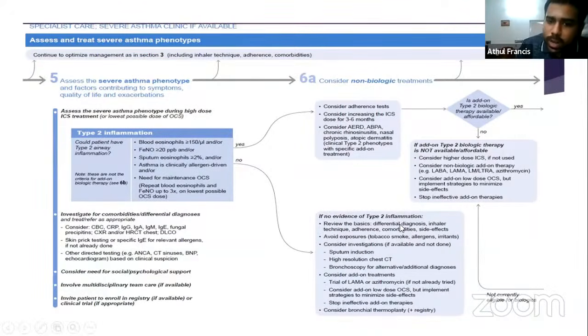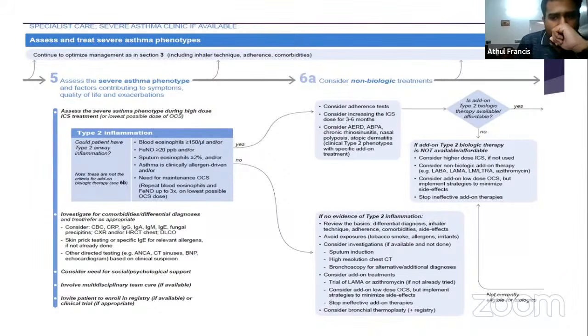So if there is no evidence of type 2 inflammation, review the basics. That is, look at the differential diagnosis, inhaler techniques, adherence, comorbidities, avoid exposures, do an HRCT thorax, do a bronchoscopy, and rule out other diagnoses because it's not allergy driven. You can either give a trial of a long-acting muscarinic antagonist, or azithromycin, or low-dose OCS, but implement strategies to minimize side effects, and consider bronchial thermoplasty if necessary.